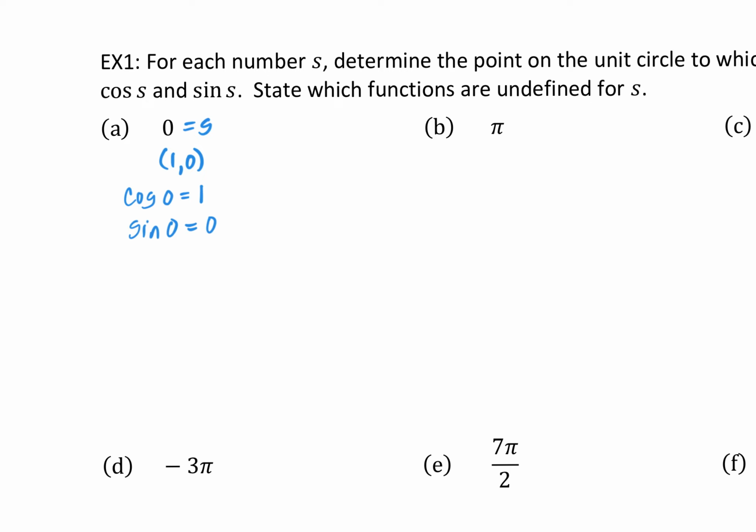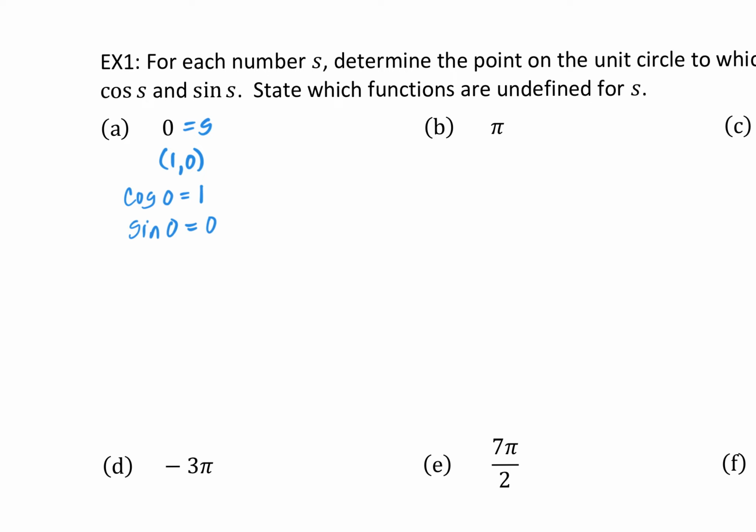Now we need to state which functions are undefined for the arc length of 0. So remember, we're at the point (1, 0). The y value is 0. So any trig function that has y in the denominator will be undefined because you'll have 0 in the denominator.